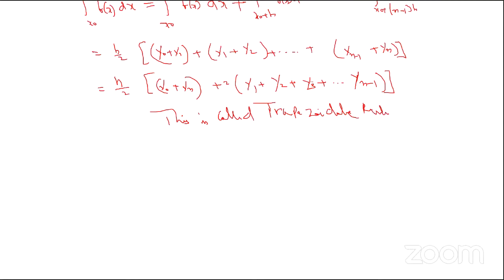So using this formula, we'll do one sum. Now what we discussed, Newton's quadrature formula derived and trapezoidal rule also derived. That is for 20 marks. This is for 10 marks, in the theory examination.